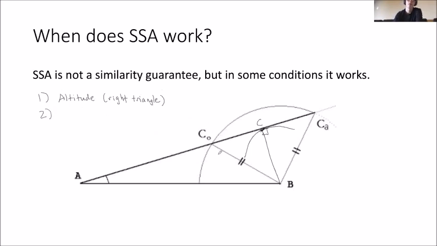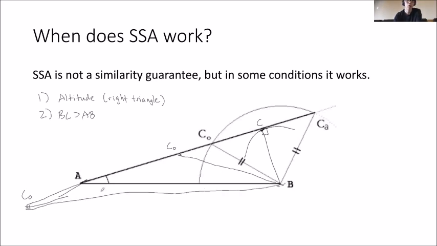Then the second method is, if you keep expanding what BC is, then C naught gets closer and closer to A, until eventually when you make BC greater than AB, you get this weird situation where your triangle becomes like outside of your original triangle, which means you get an obtuse angle.